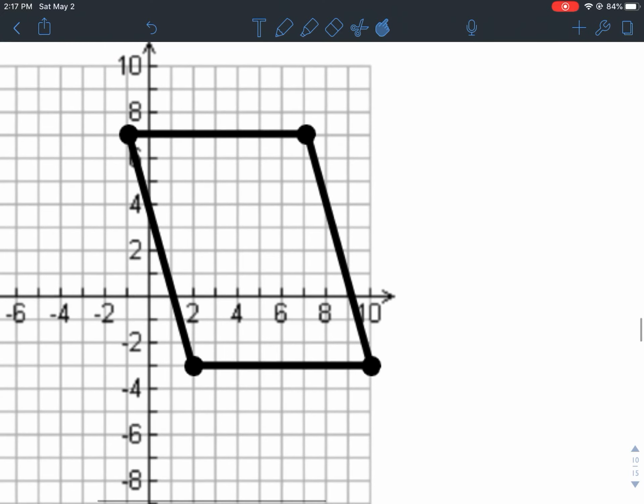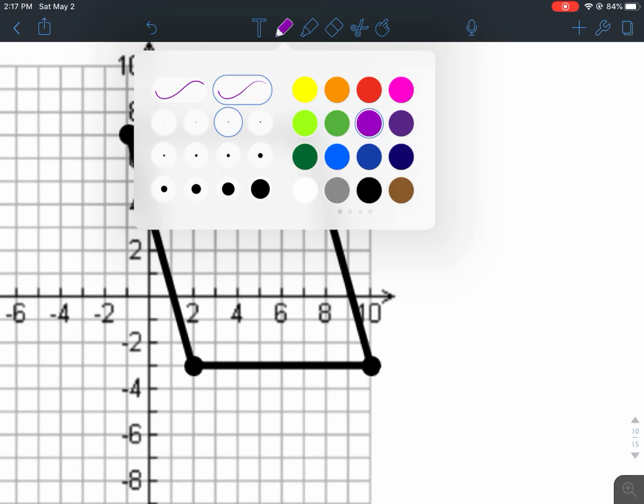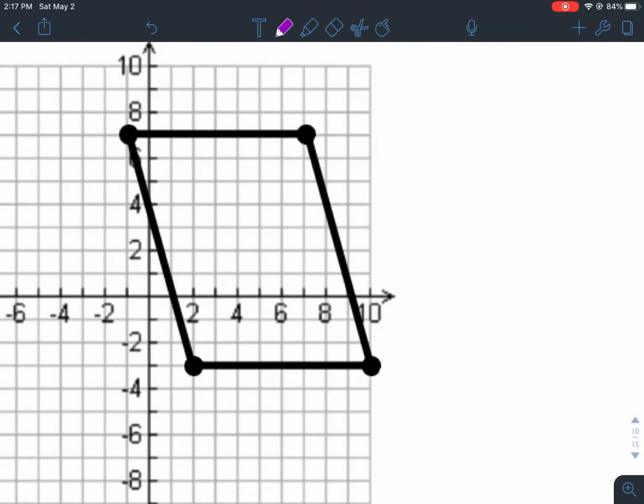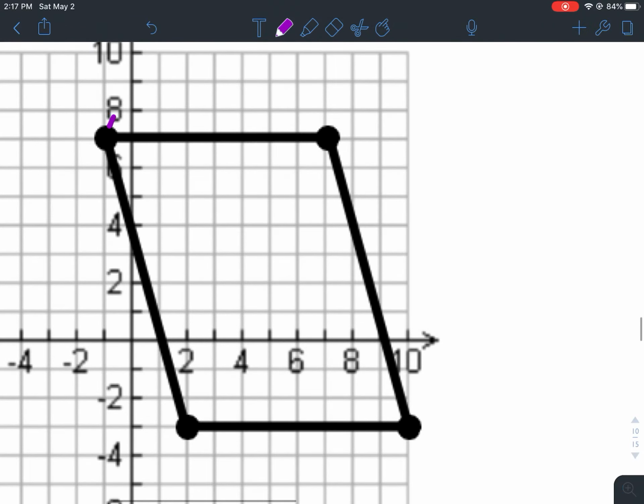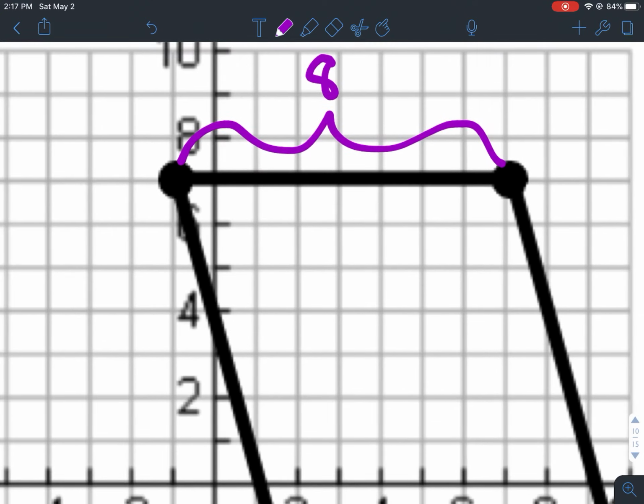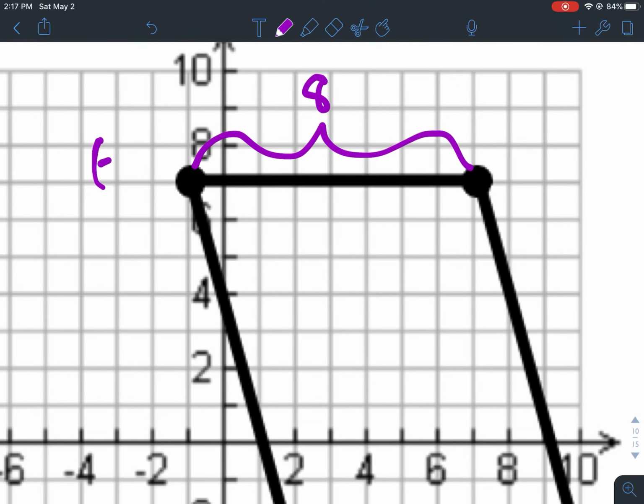We can easily find the length of two of its sides. If you find the length for this top side and this bottom side, both of them should be 8 if you count the boxes, otherwise you can use the ordered pairs. This first ordered pair is (-1, 7), and this is (7, 7).